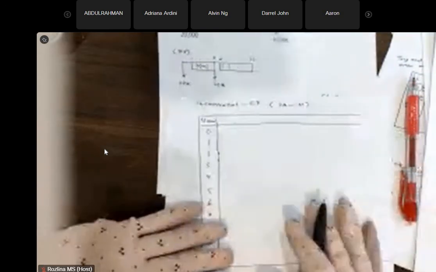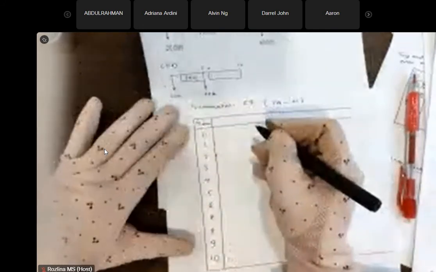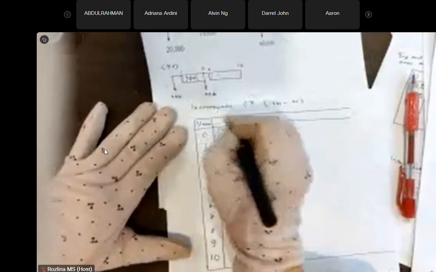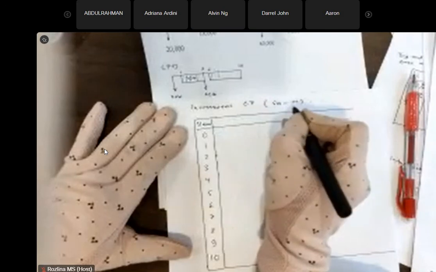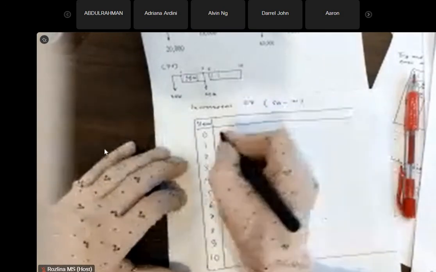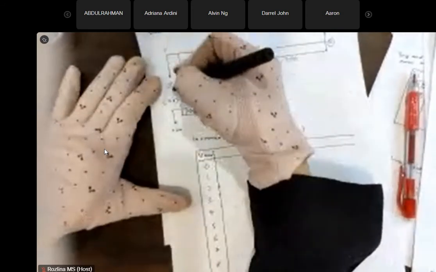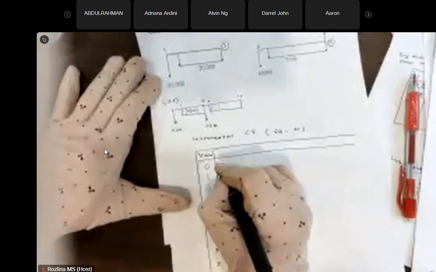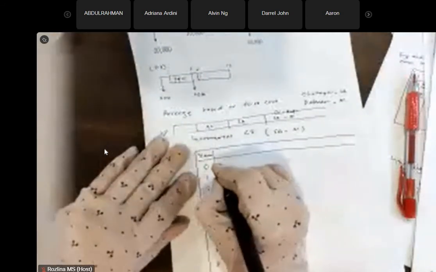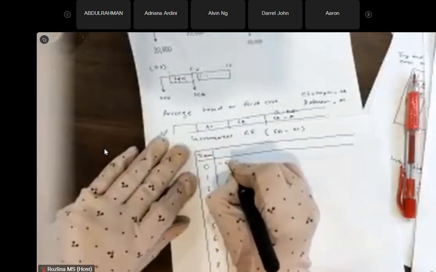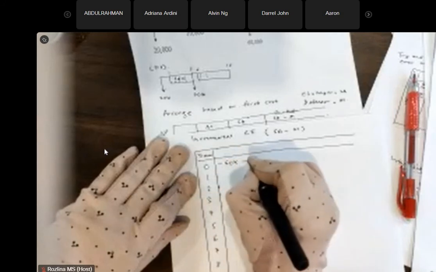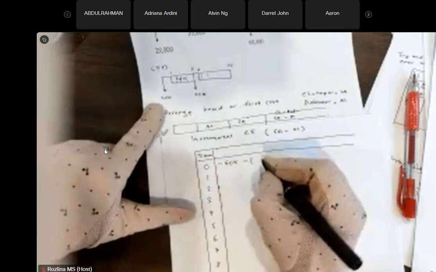So kita try pakai yang ni. Okay, kalau pakai yang ni, now you go to the incremental cash flow ni, SA minus M. So you look at one by one first year. So this one, 0 year. So 0 year is the SA negative 60K. And then minus dengan year yang first ni is 20K.